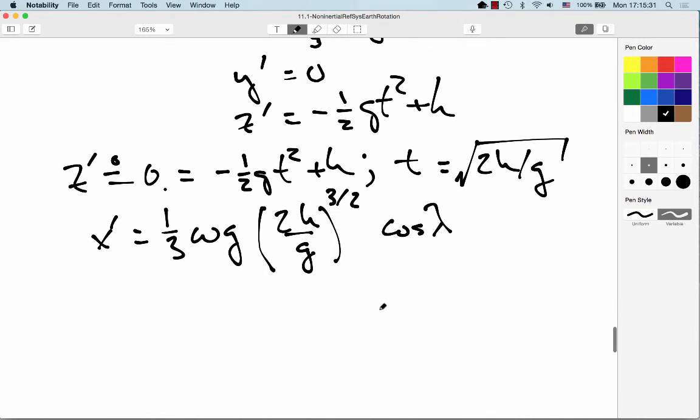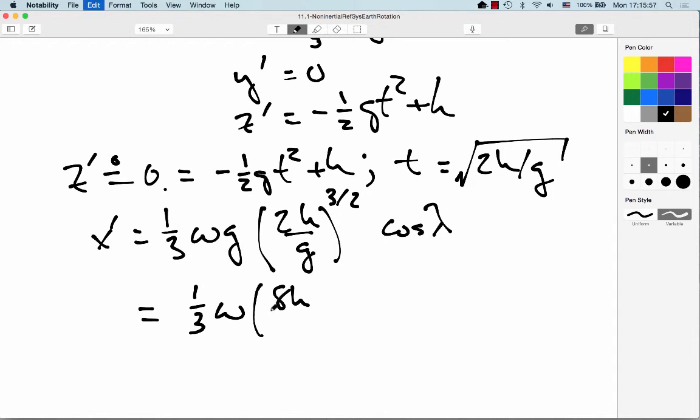If you want to make that look a little pretty, so we can at least get a square root symbol in there, we can at least bring the cube in. And when we bring the cube in, we'll have a g cubed in the basement, we got a g on top. So we end up with 1/3 omega 8h cubed.